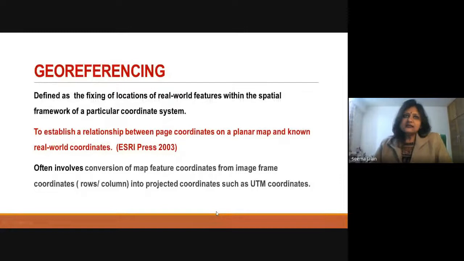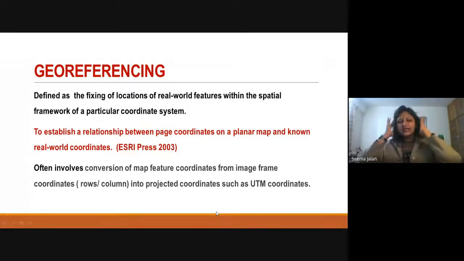Suppose I want to prepare the city map of Indore. There may be very different types of features. Some will be point features at the given scale, some will be line features, some will be polygon features. I get a map of Indore and I scan that map.